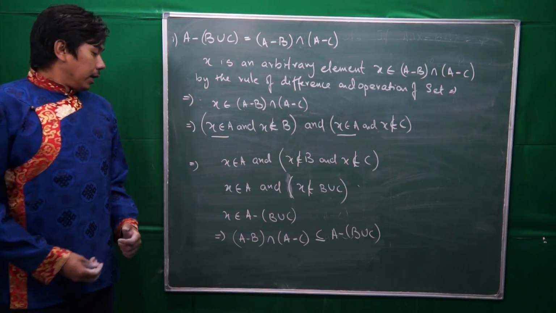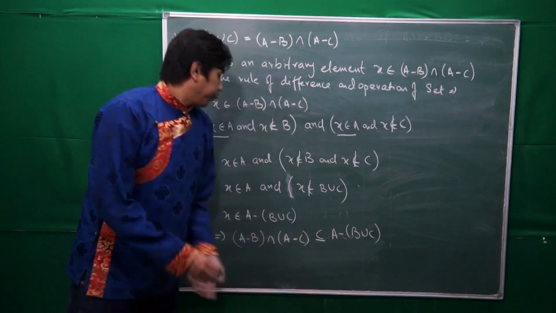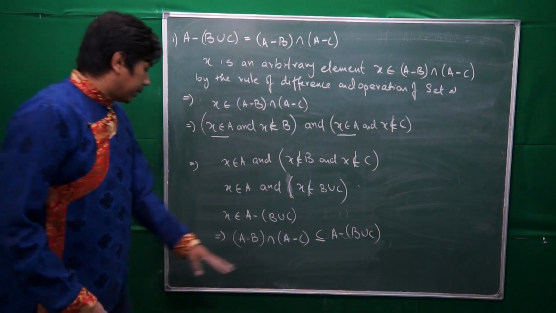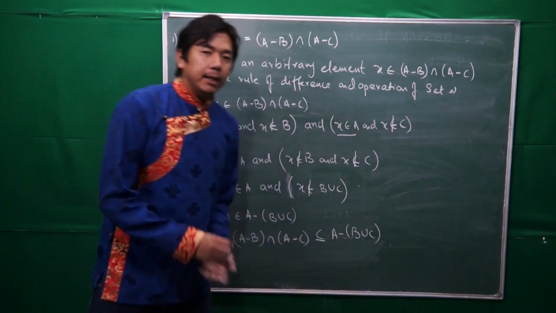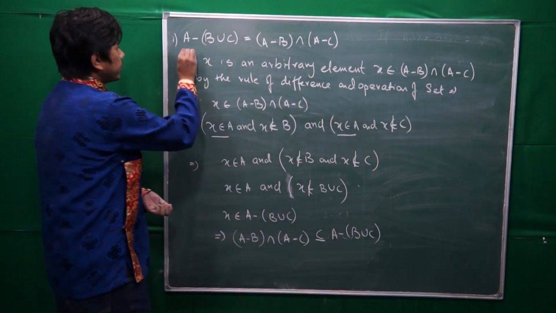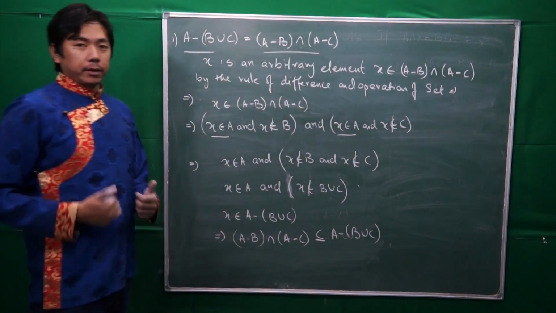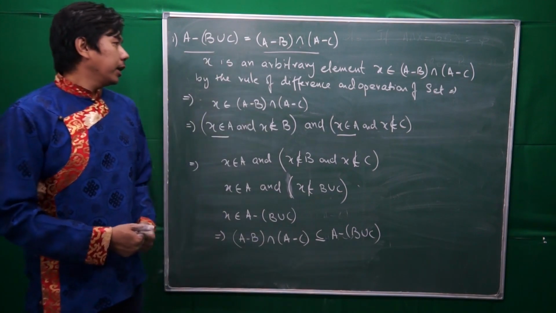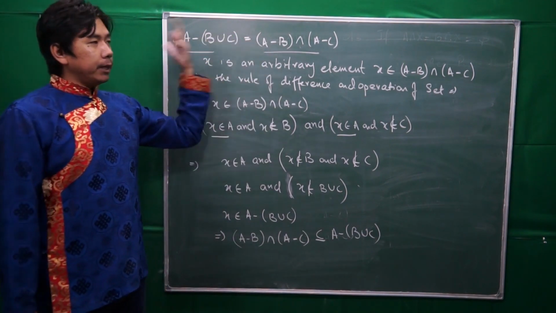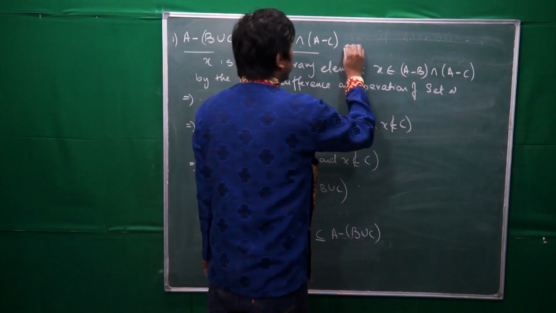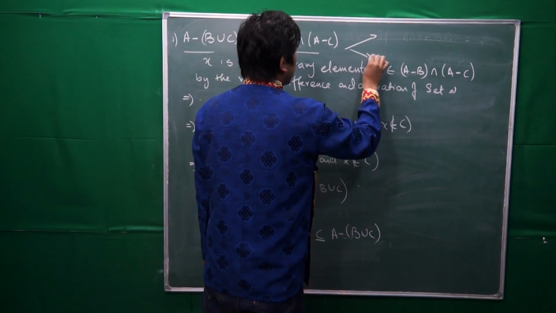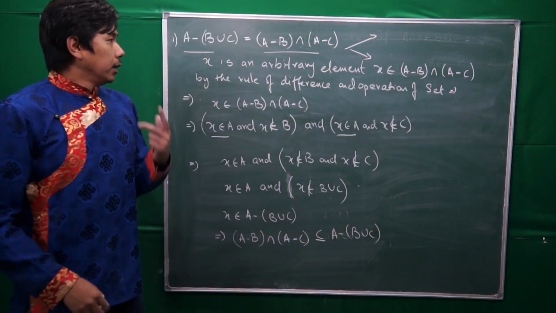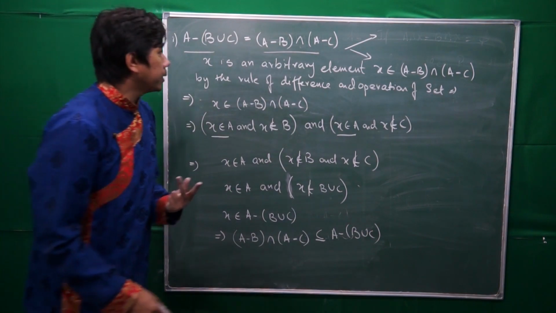All right. Now, this is the first step where I've been able to prove that this set is a subset of this set. So, to prove any two sets equal, and this applies for any type of question same as this, we need to prove two things. All right. This is the method. We need to prove two things.